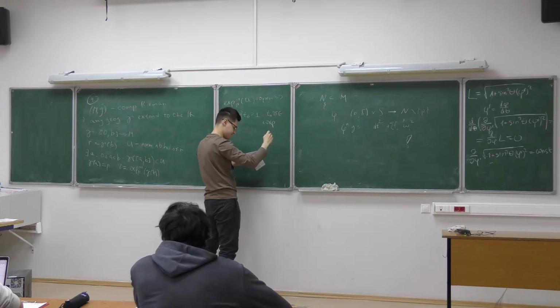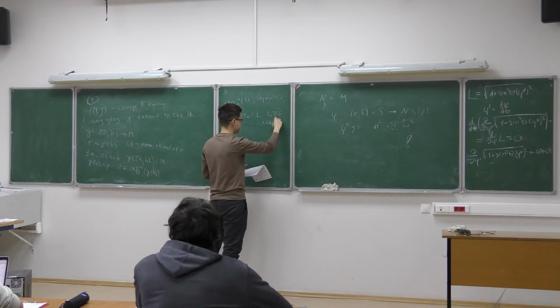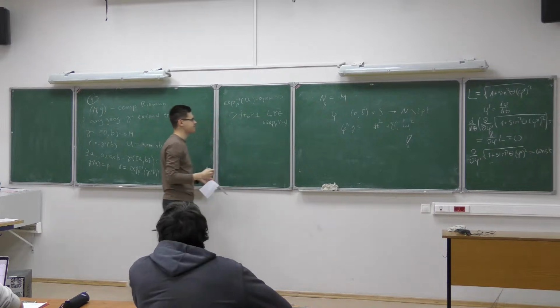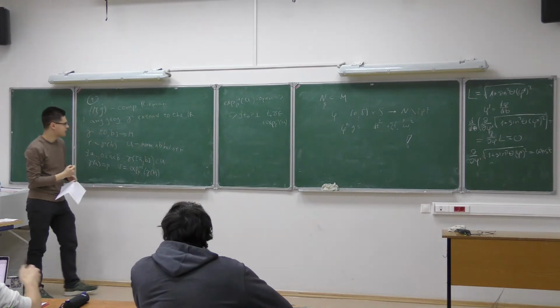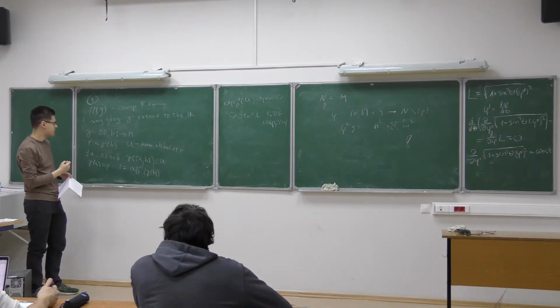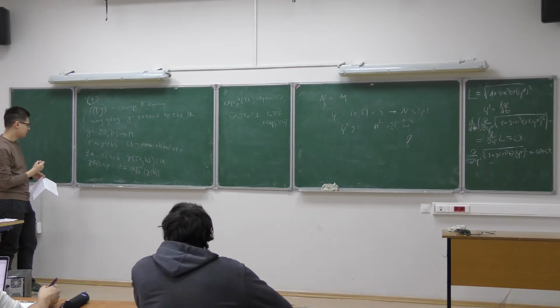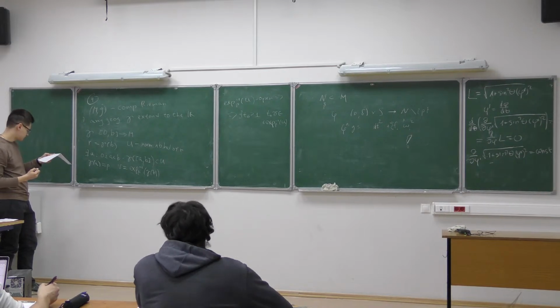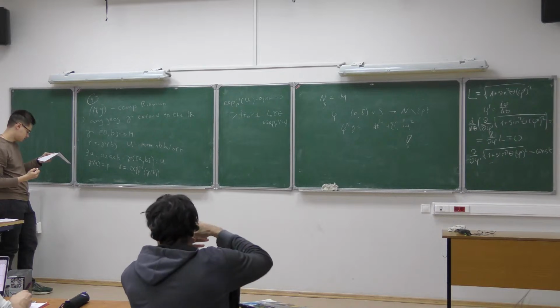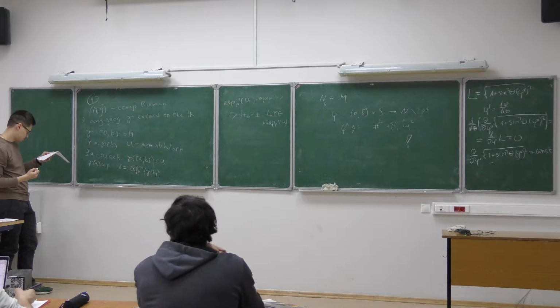I'm a little bit confused because you have a normal neighborhood of R but take the exponential inverse at P. Usually if I take a normal neighborhood of some point, I take the exponential at this point as well.